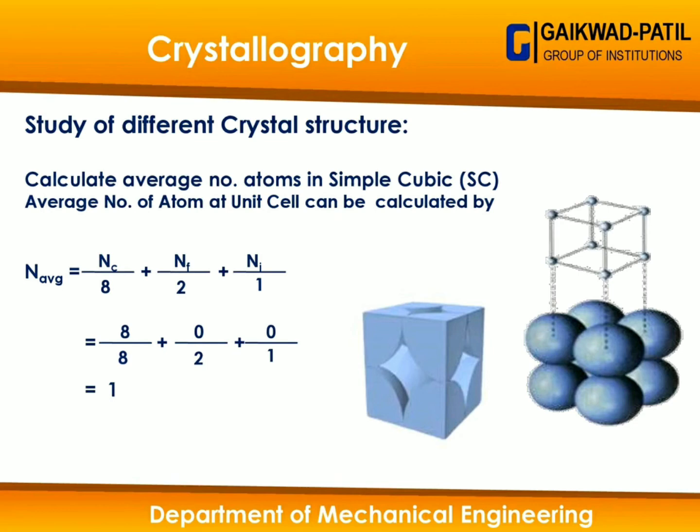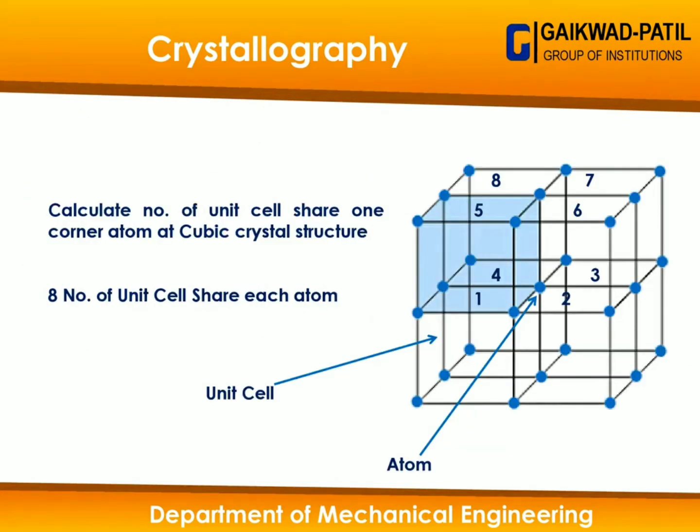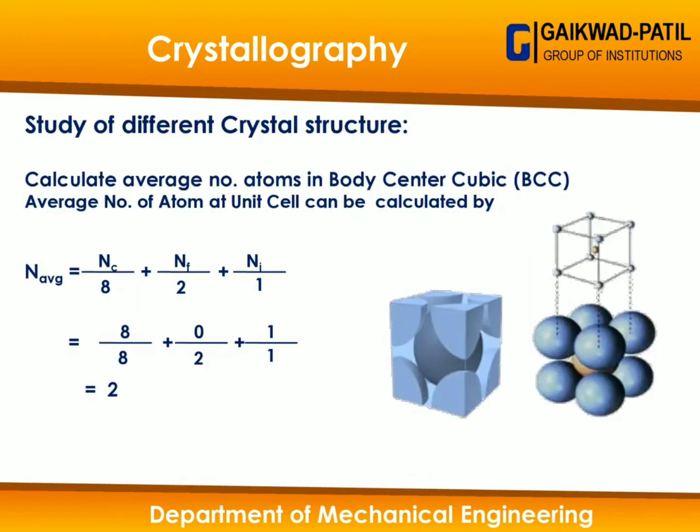Now, how the corner atom of a simple cubic crystal structure gets shared by 8 unit cells, as shown over here, right? Then to calculate the average number of atoms in the body centered cubic crystal structure, the same formula we are using over here.